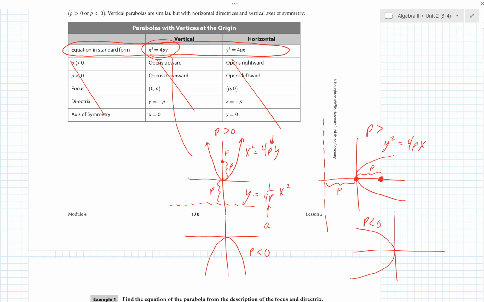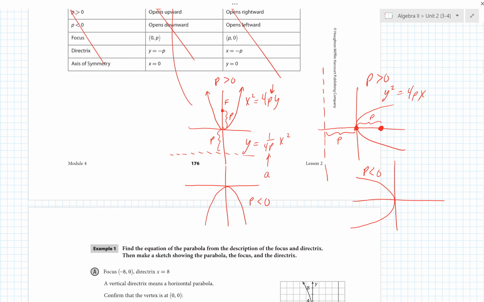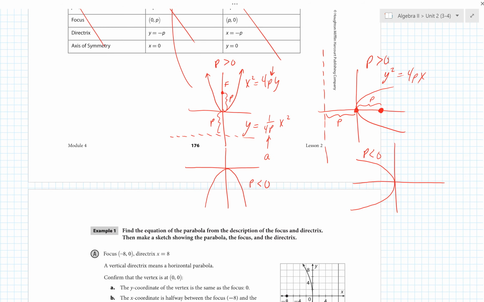This one is p positive, and if p is negative, it's going to open in the negative direction. Okay? We'll do a couple examples using that. But the key is that p is the distance from the vertex to the focus and the distance from the vertex to the directrix. Any questions so far?